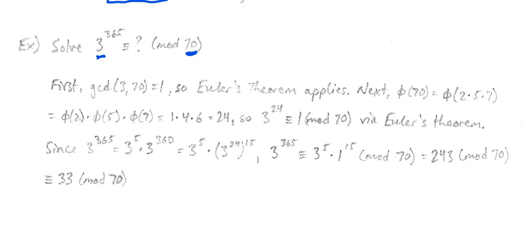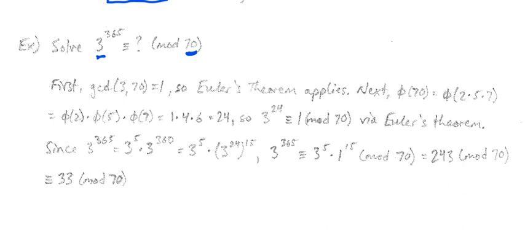So I know by this theorem that we are introducing in this video, by Euler's theorem, 3 to the power 24 is congruent to 1 mod 70. Now, I want to take that 3 to the power 365, and I want to get a 3 to the 24 showing up in there somehow.